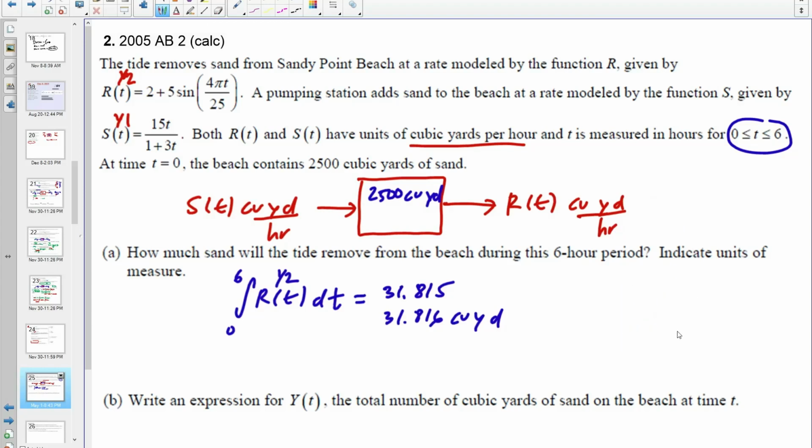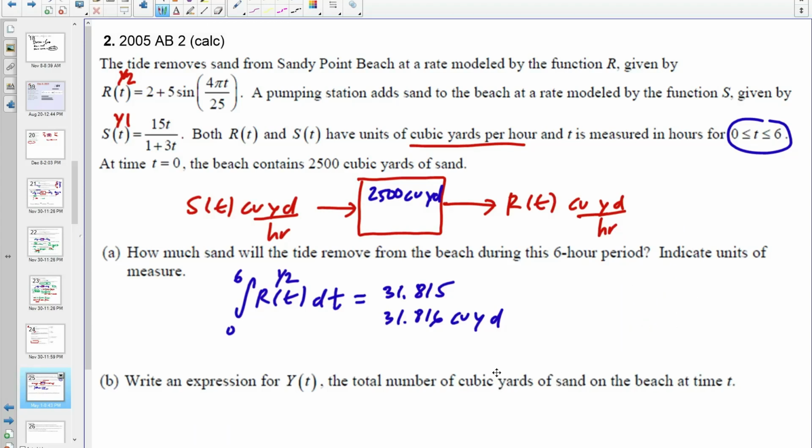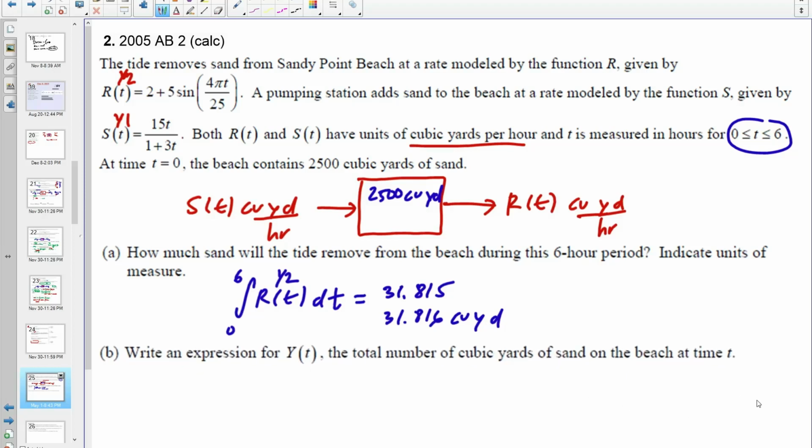All right, write an expression for y(t), the total number of cubic yards of sand on the beach at time t. This was just like the A(t) that I wrote before, and I'm just going to call it y instead. And remember, if you integrate this rate, you get the amount going in, then you add that with the amount existing, and then you subtract the amount going out. I just like to put the 2,500 first so that there's no question about what we're actually integrating.